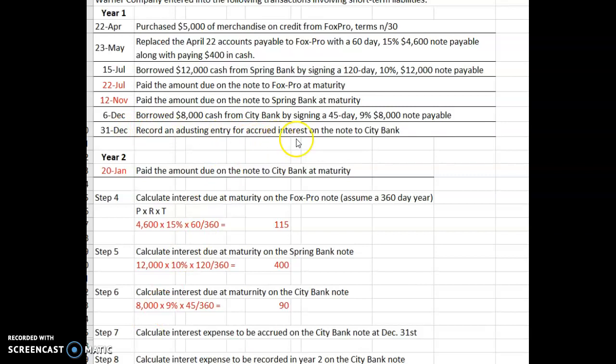The matching principle says that we must record all expenses in the proper time period. And we used the money for 25 days in year 1. So we're going to have to accrue 25 days worth of interest in year 1.